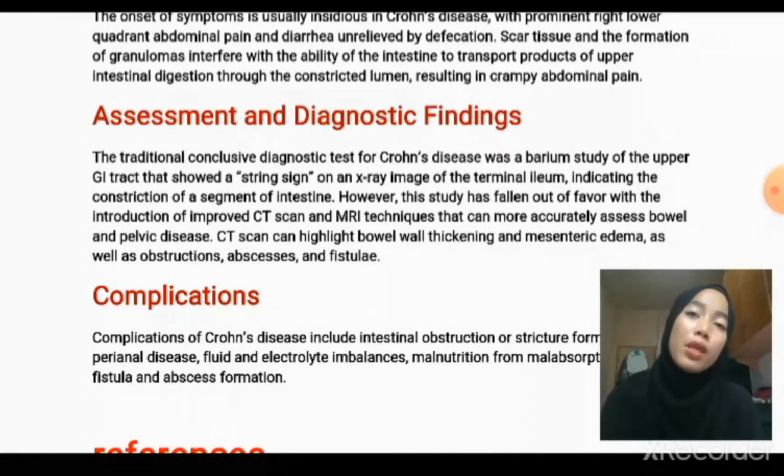Colonoscopy with endoscopy, capsule endoscopy, computed tomography enterography, and small bowel follow-through are often used to diagnose Crohn's disease.